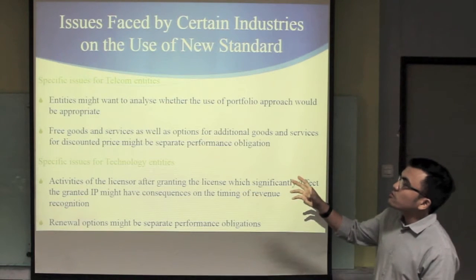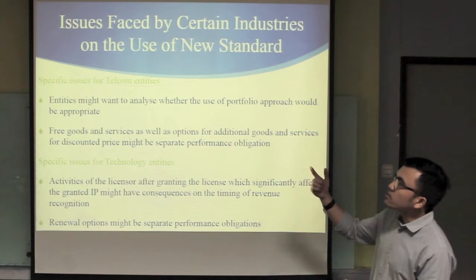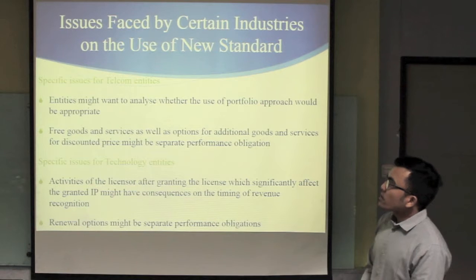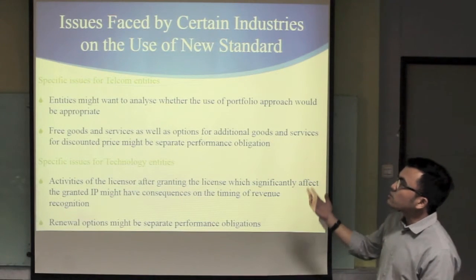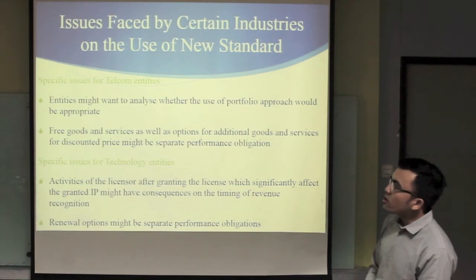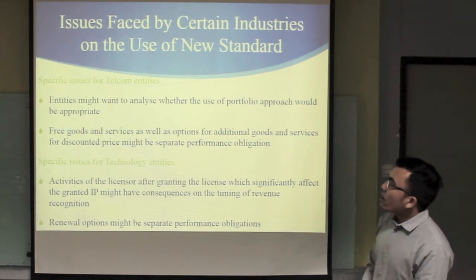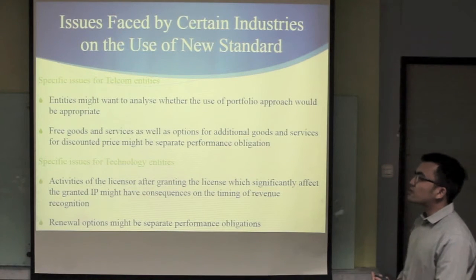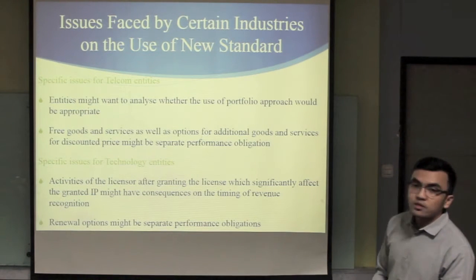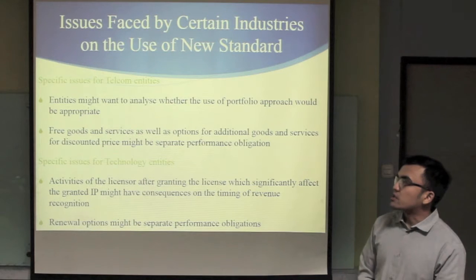The specific issues, first of all, are for telecom entities. These companies might want to analyze whether the use of a portfolio approach would be appropriate, and free goods and services, as well as options for additional goods and services at a discounted price, might be separate performance obligations.